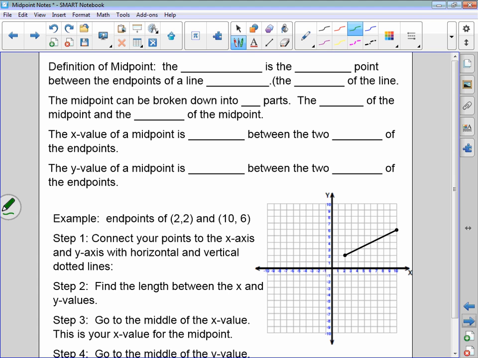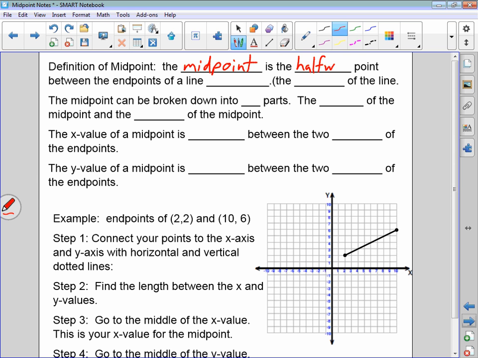So today we are going to be working through the midpoint formula, and we're going to start with a definition of the midpoint. The midpoint is the halfway.